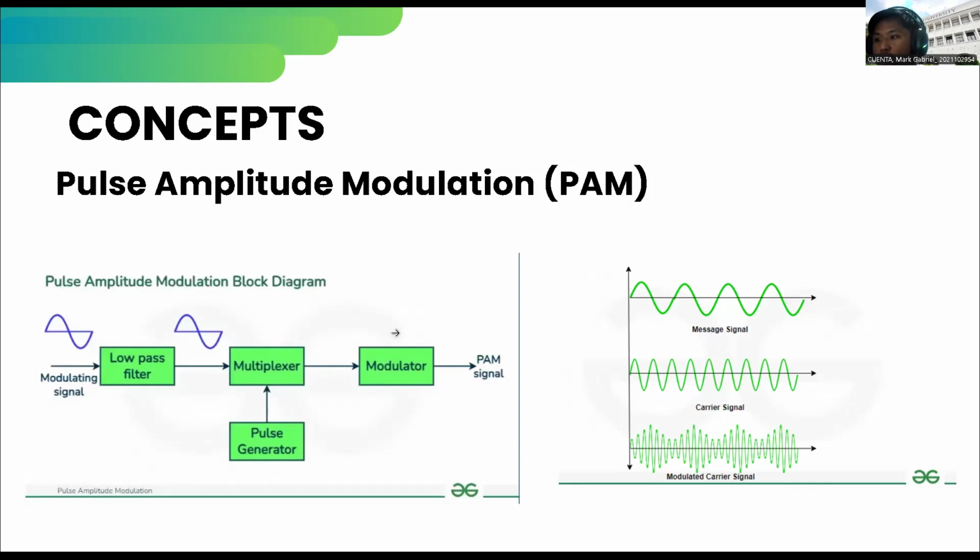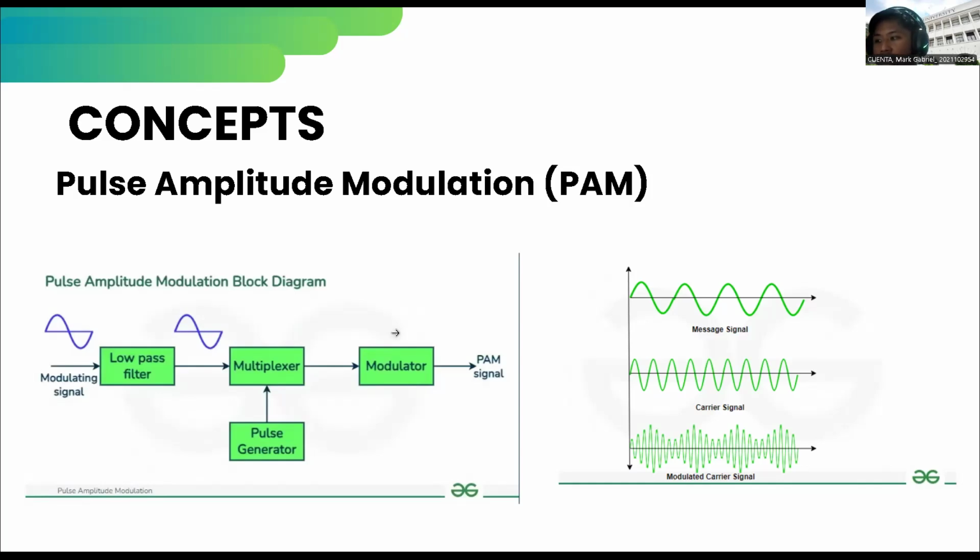Next is the low pass filter, which removes unwanted high frequency noise and limits bandwidth before sampling. Next is the pulse generator, which produces a train of square pulses, or the sampling signal. These pulses determine when the signal is sampled, then it goes to the multiplier or the sampler.